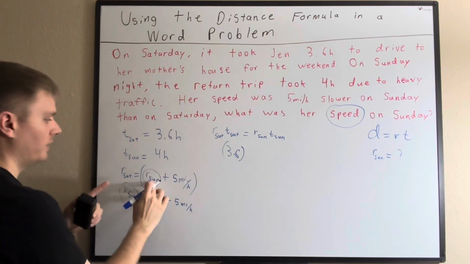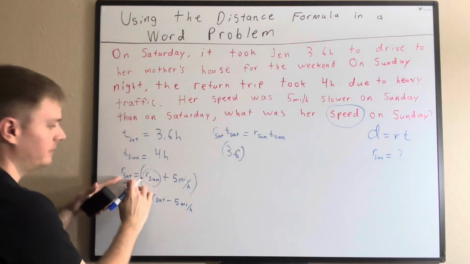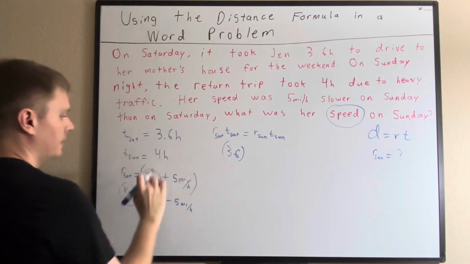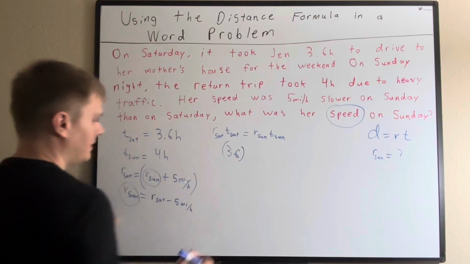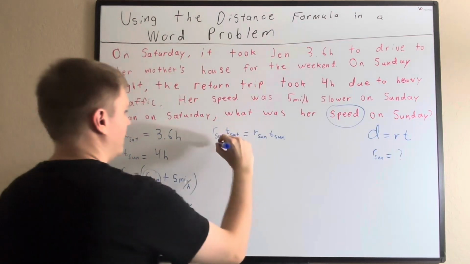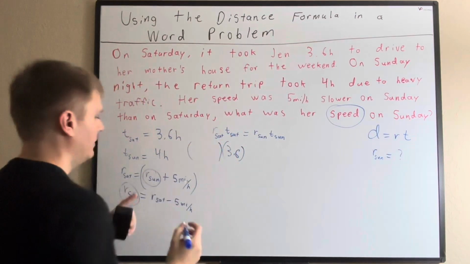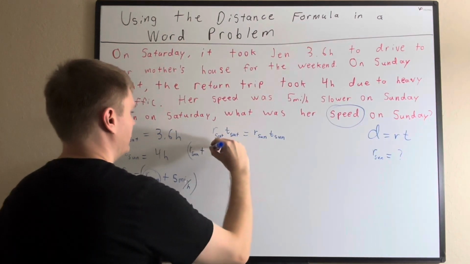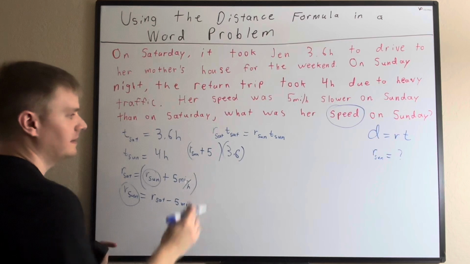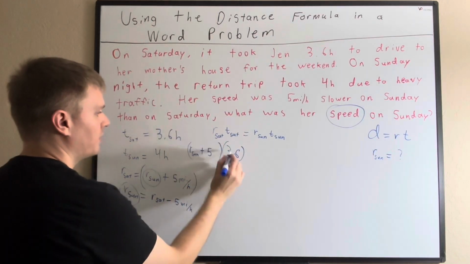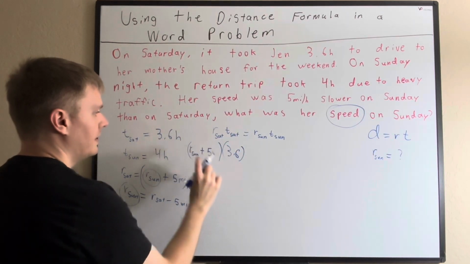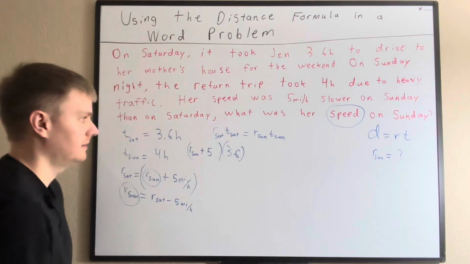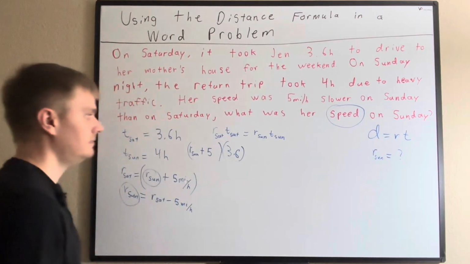We can substitute that whole thing in there, right? And what we're looking for is R Sunday, so we don't really care what R Saturday is. So we can just substitute this in for R Saturday. You see that? And parentheses matter, okay? Especially when substituting, because that's the difference between using the distributive property on this 3.6 and just saying R Sunday plus whatever 5 times 3.6 is.